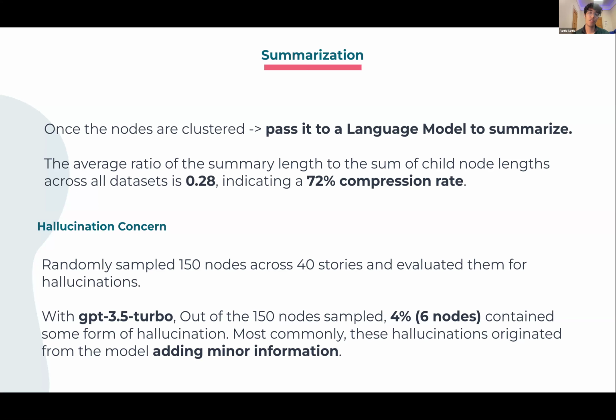Out of the 150 nodes, only 6 had some sort of hallucination, and it was minor. It was mostly due to the model adding extraneous information. If the model knows about the topic, it might add its own information. So the information wasn't incorrect, it just wasn't in the child nodes. But this was relatively small, so hallucination is not really a huge concern. And with models getting better, hopefully this will be solved soon.